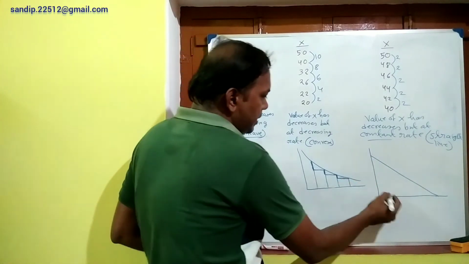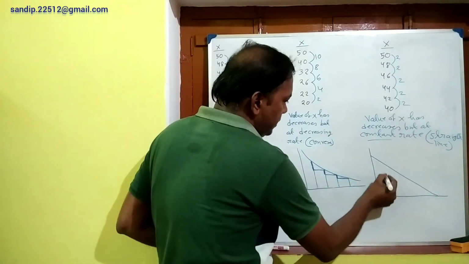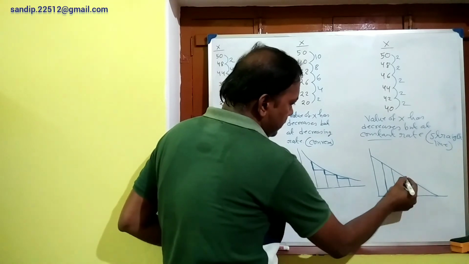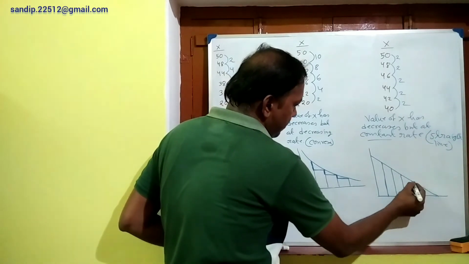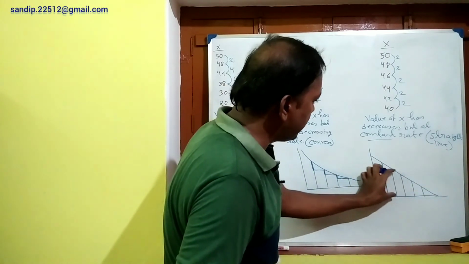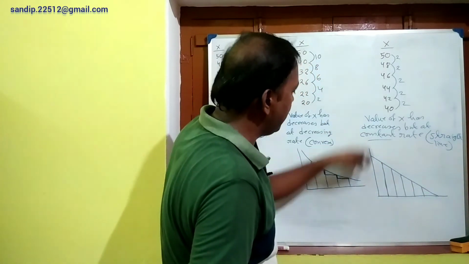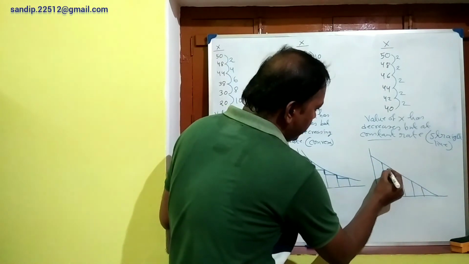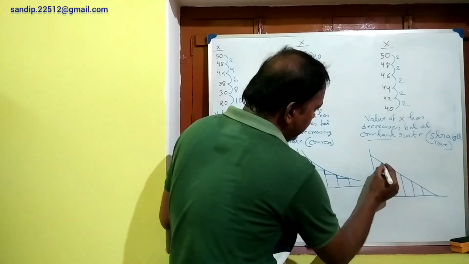Now here also the concept is the same. If you keep this horizontal distance equal, then every time you can find, see, these values are continuously decreasing, means the x value has decreased. Now here the rate of decrease will remain constant.